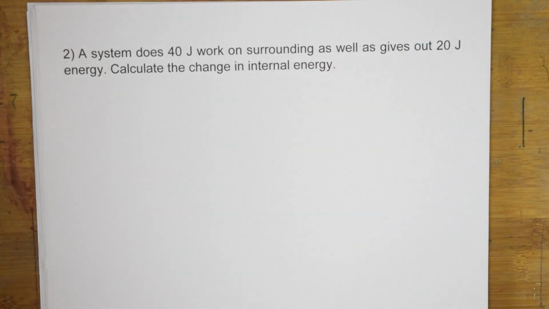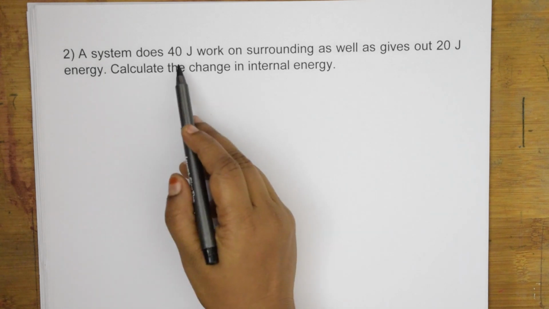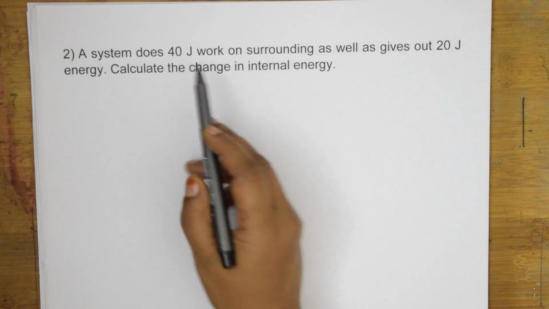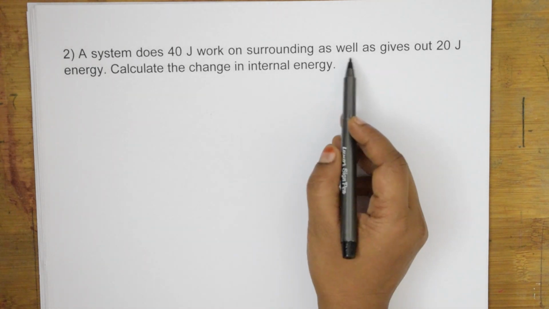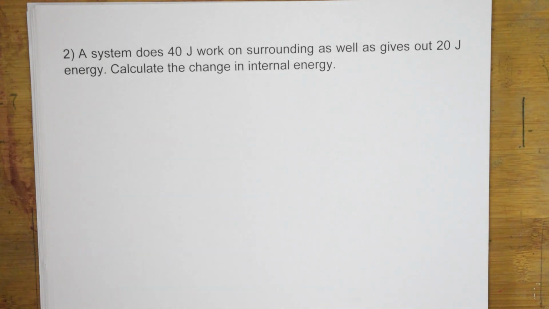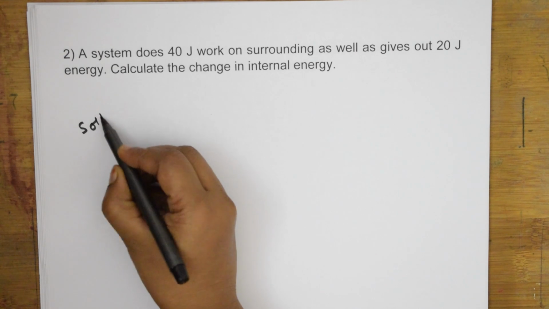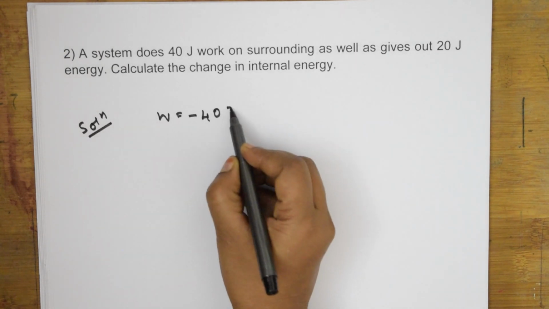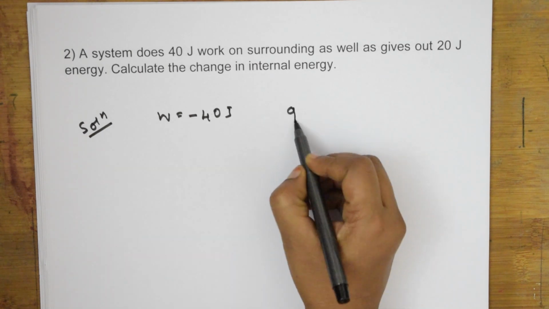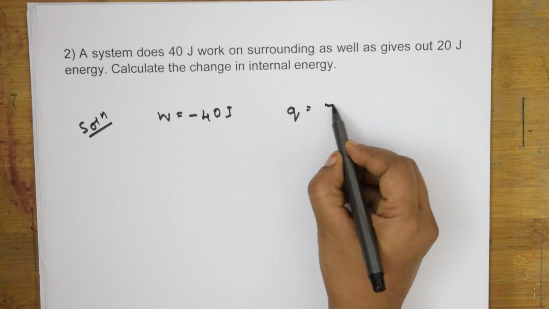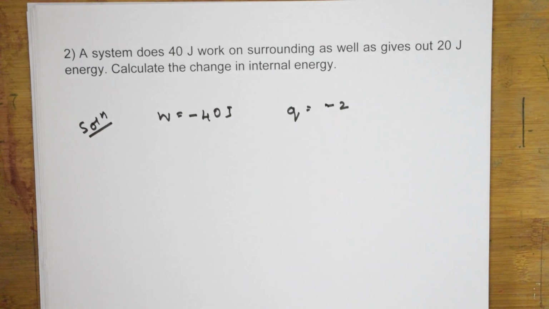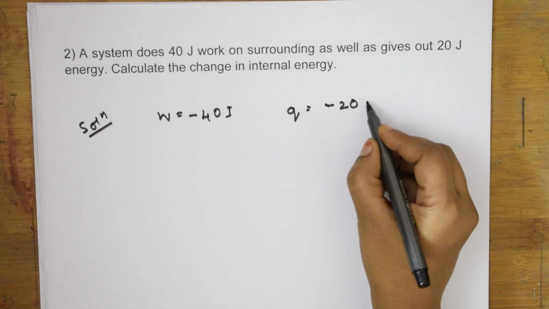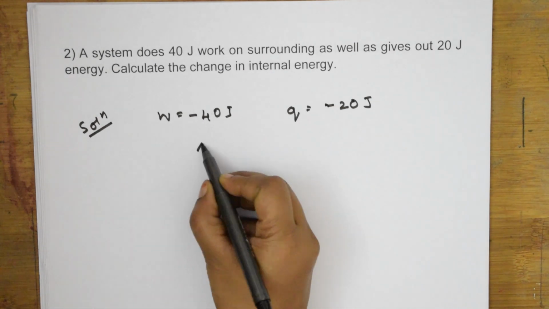This is the simplest numerical we have done. Let's see the next question. A system does 40 joules work on surroundings, as well as gives out 20 joules energy. Calculate its internal energy. Again, a simplest numerical. W is minus 40 joules. Q is minus 20 joules, because energy is given out to the surroundings.